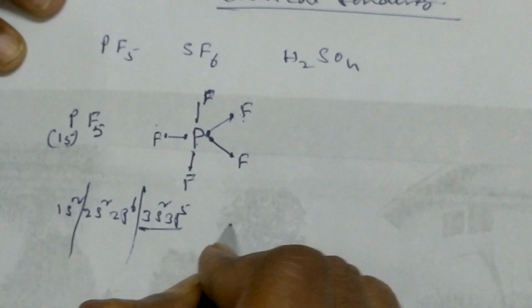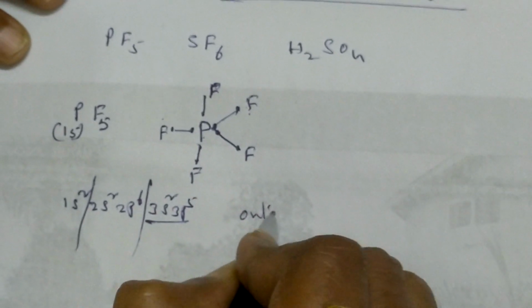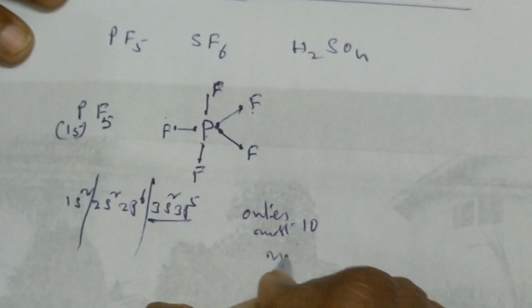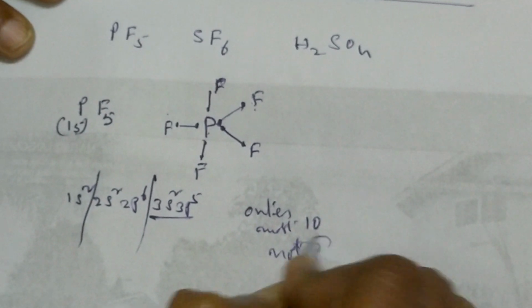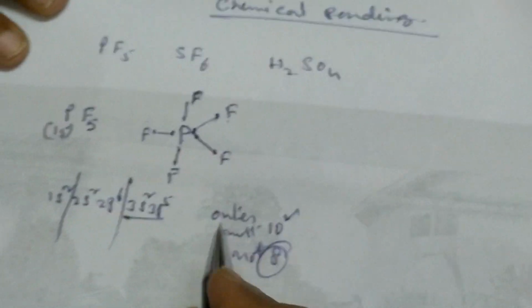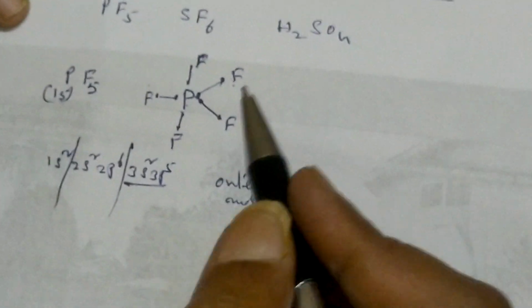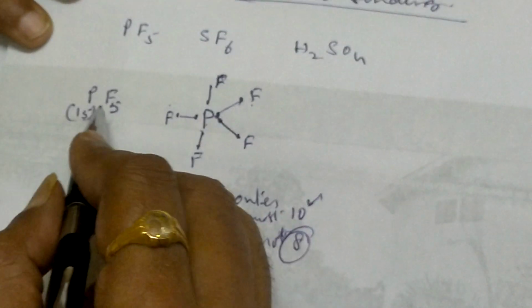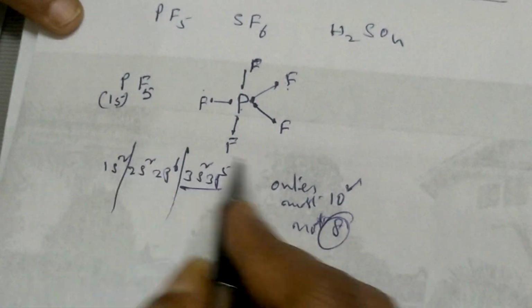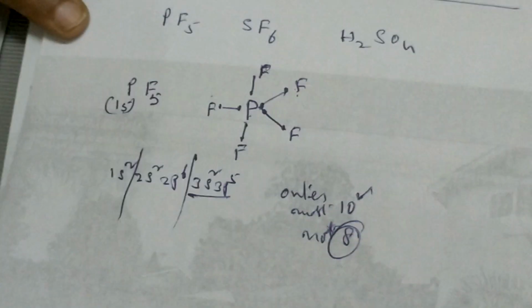In the outermost shell it is 10, not 8. It is not 8, it is 10. So it is called expanded octet, going beyond the octet rule. So PF5: if some question is asked on the expanded octet rule, PF5 is one of them.